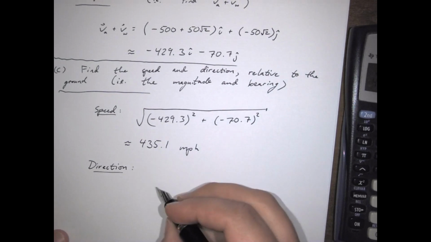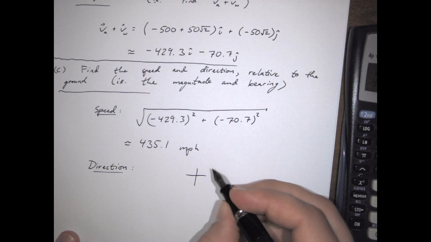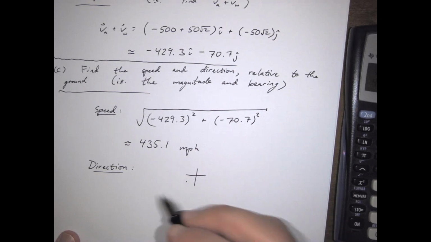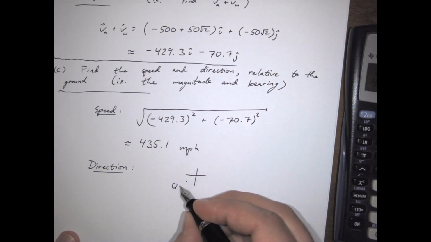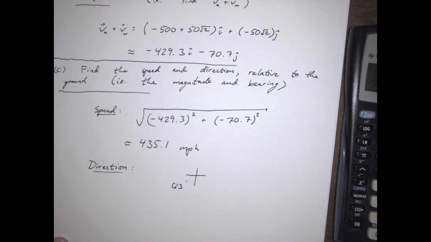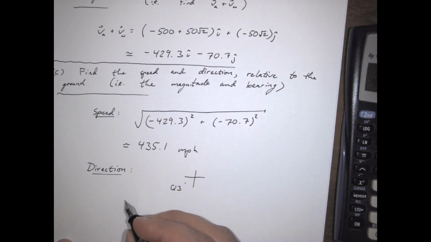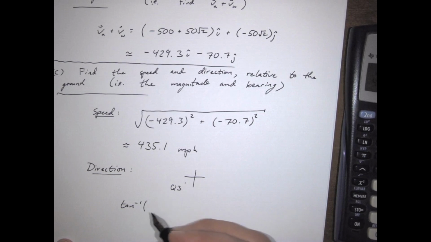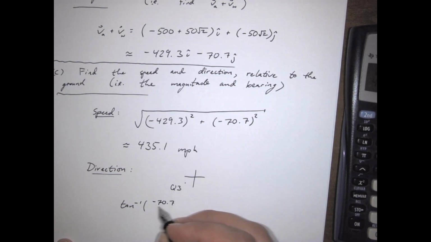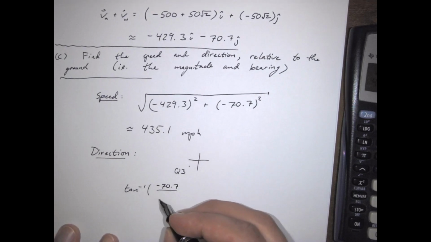Now for the direction, we're talking about something that's going to be in quadrant 3. So I know that my inverse tangent isn't going to necessarily work here, but I'll at least calculate it, and then I'll figure out what I need to adjust.